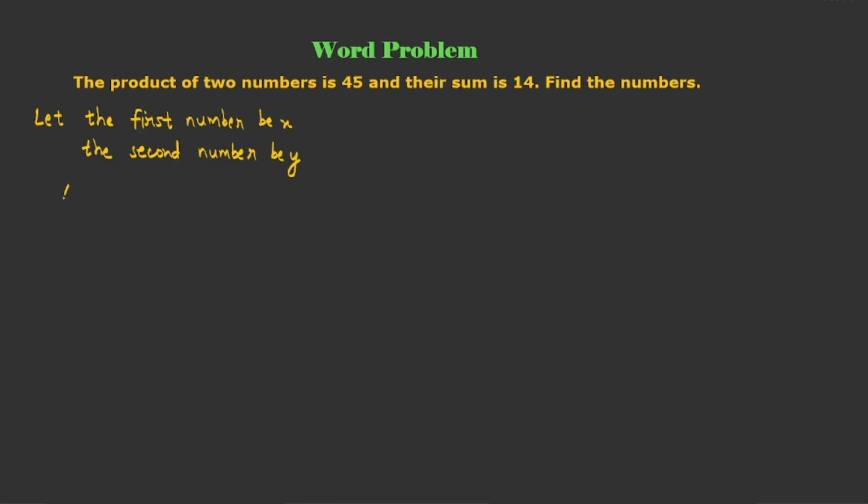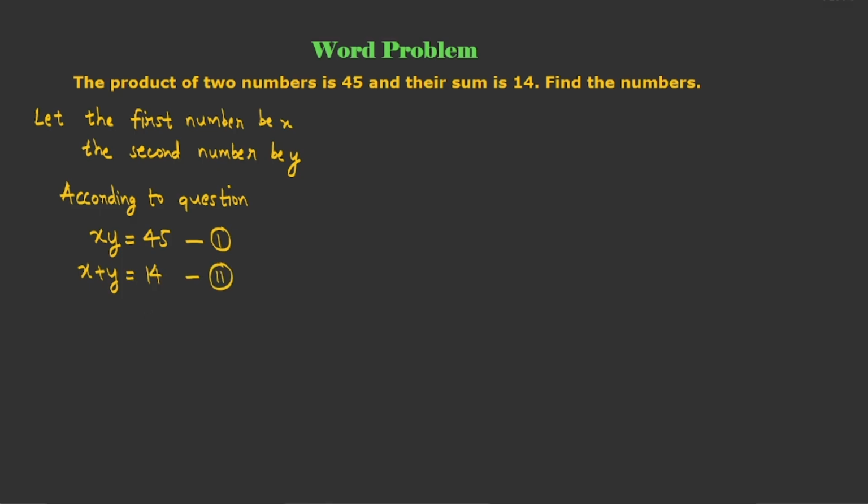So according to the question, the product is 45, so both the numbers x multiplied by y equals 45, let it be equation 1, and their sum is 14, so x plus y equals 14, let it be equation 2.